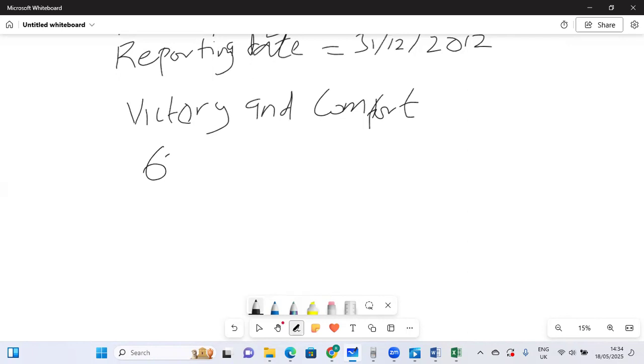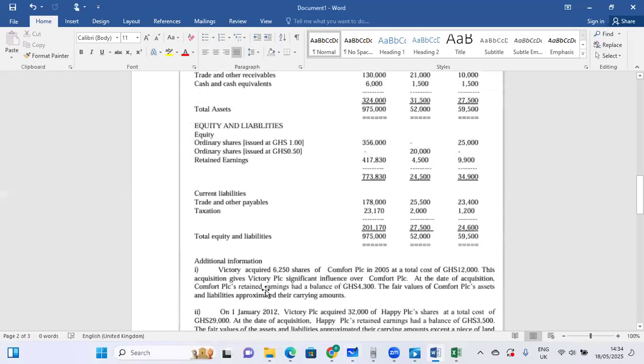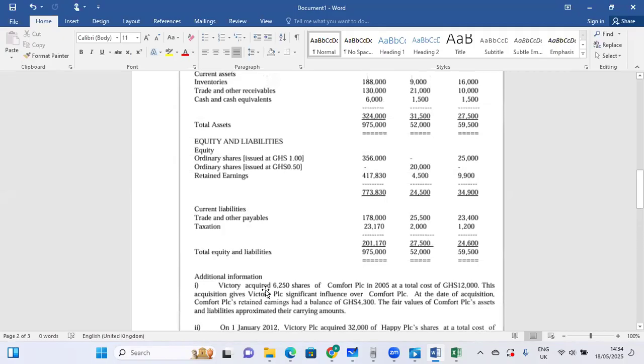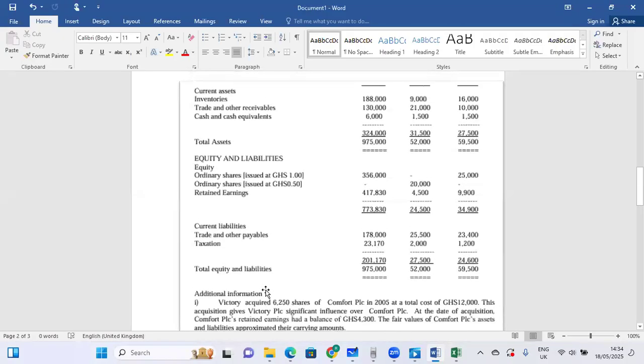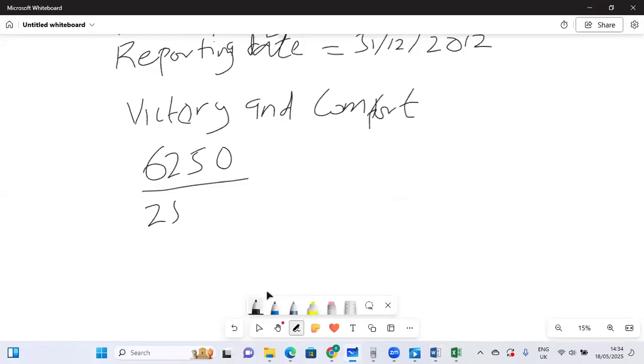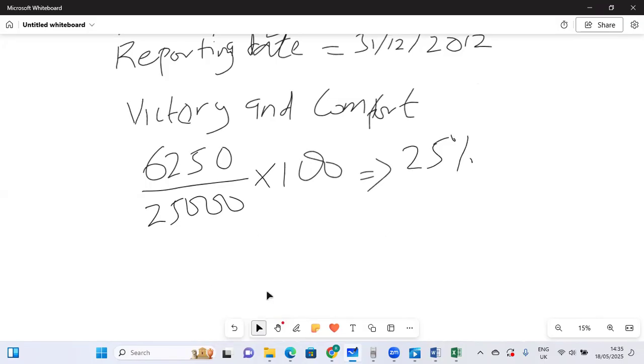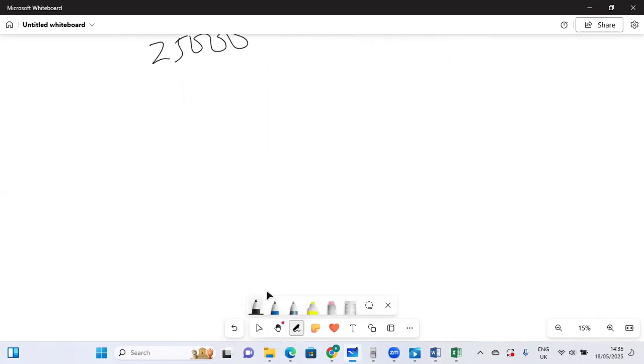So we bought 6,250 shares out of the total number of shares, 25,000, times 100. And then we had 25%. And this was around 2005. Right. So now the correct group structure will be, this is how it is going to be. We have Happy PLC here.